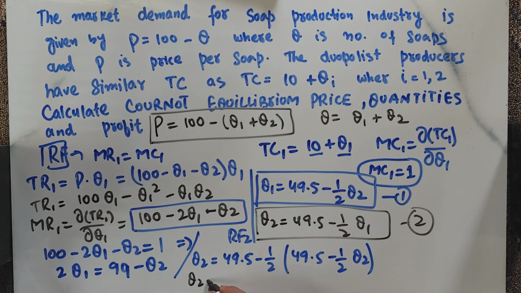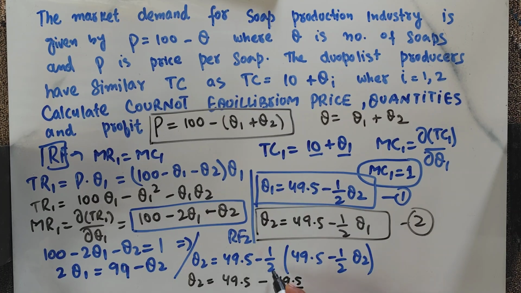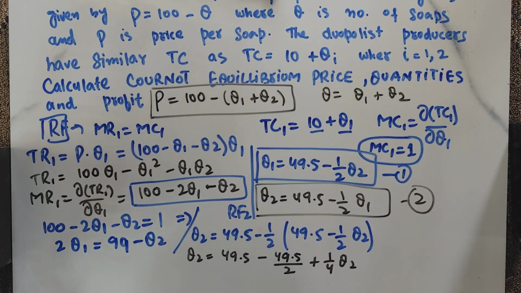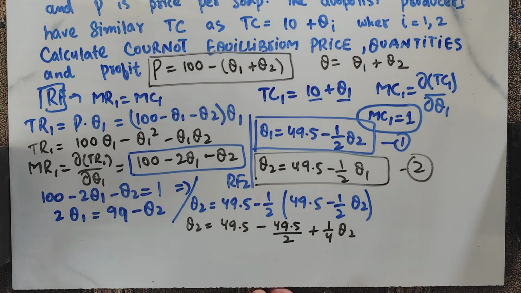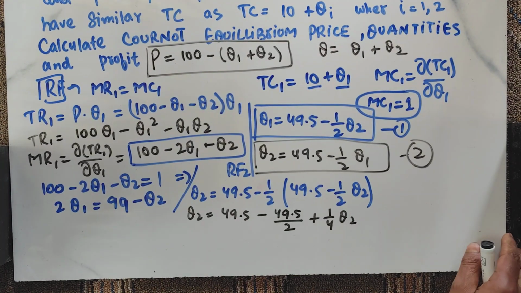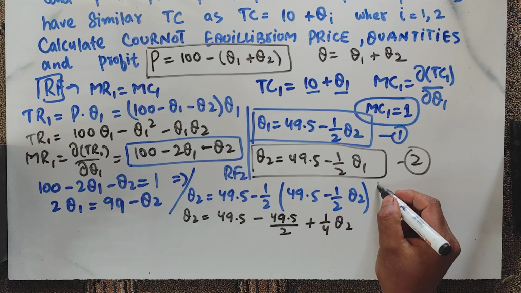So Q2 is equal to 49.5 minus 49.5 divided by 2, and minus into minus is plus, 1/4 Q2. Let me create some space. Now let us solve it.